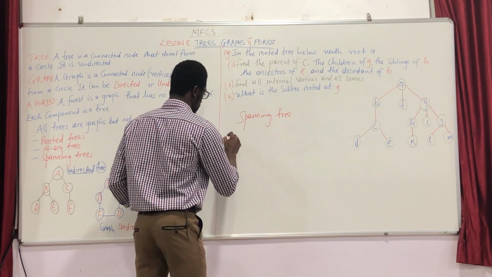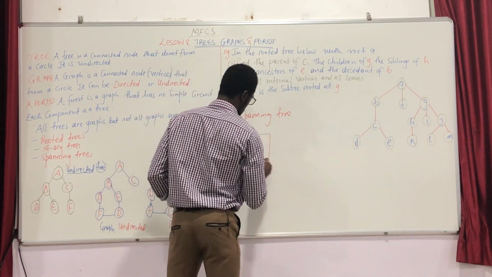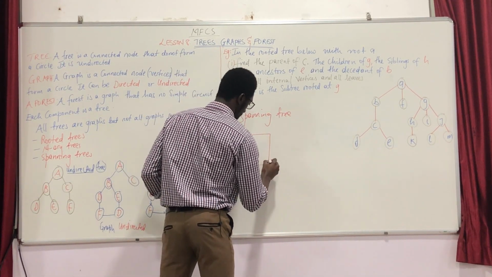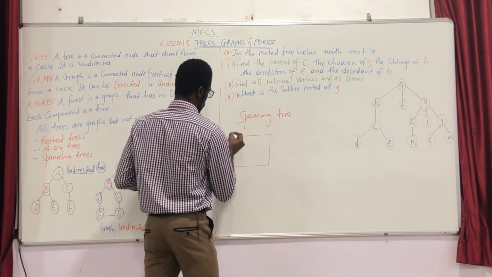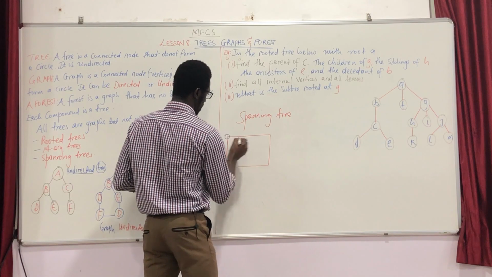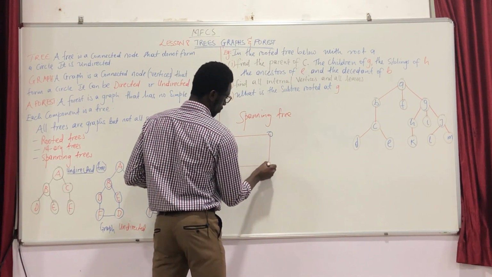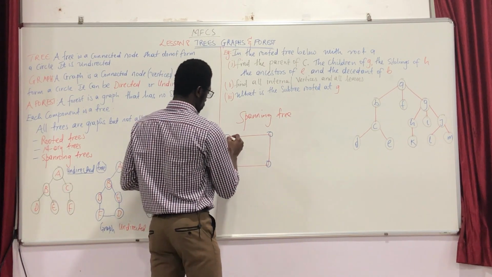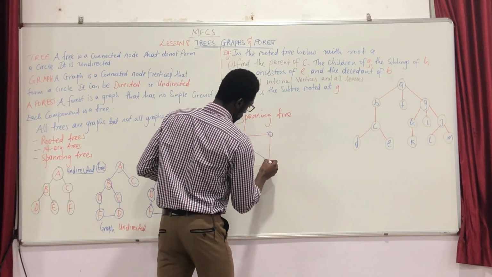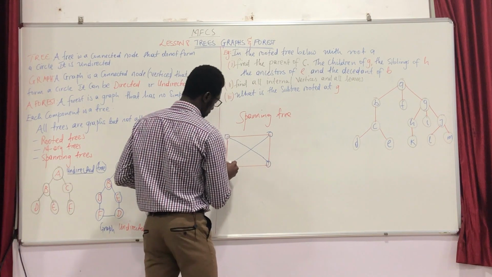Here we see from this diagram we have 1, 2, 3, 4 nodes. This one comes here, this one comes here.